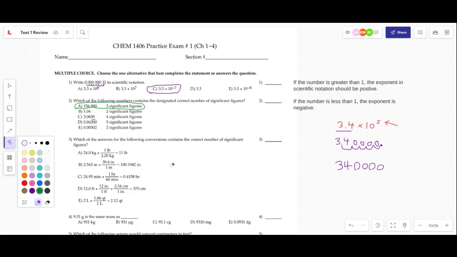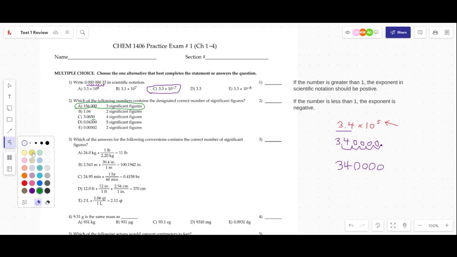Okay, now number 3, it says, which of the answers for the following conversions contains the correct number of significant figures? So if we're looking at this, Linda is saying D. D is in fact not correct.